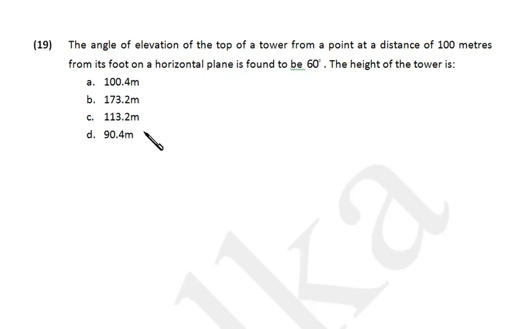Now this question: the angle of elevation of the top of a tower from a point at a distance of 100 meters from its foot on a horizontal plane is found to be 60 degrees. Just draw a simple diagram. This angle is 60 degrees, and the point is at a distance of 100 meters. That means this is 100. We have to find the height of the tower.